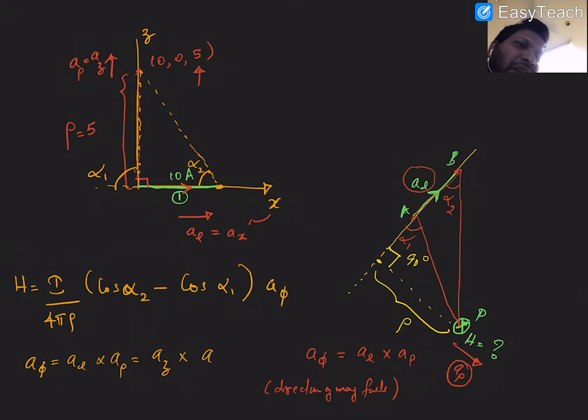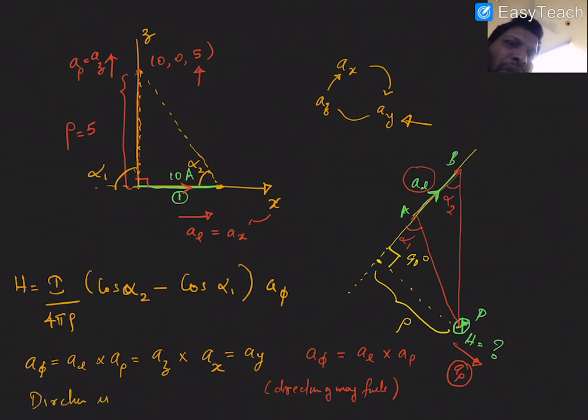It is nothing but ax, as I have told you. So we will see now what is the cross product. For that, ax, ay and az. Now az cross ax is nothing but ay. So this is equal to ay. So my direction a phi is nothing but ay. So I got the direction now.